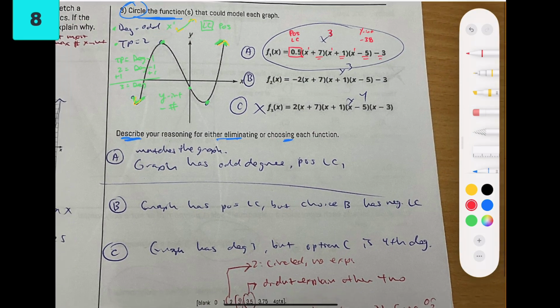Okay, let's see if it matches. And I wrote A. Yes. That one matches because the graph has an odd degree. So that's an odd, and that's also an odd. And a positive leading coefficient, positive leading coefficient, positive leading coefficient. Okay?